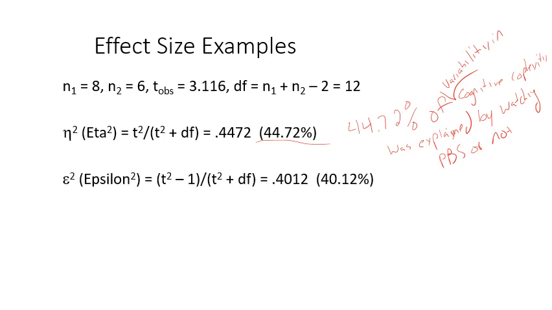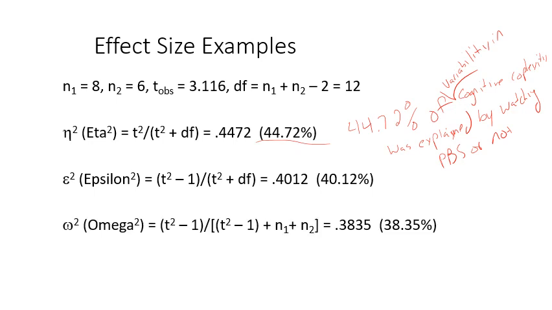Then we get epsilon squared, which is basically saying 40.12% of the variability, and then omega squared is saying 38.35% of the variability in cognitive complexity was explained by PBS watching or not. This is the most conservative one because it's basically saying the least amount of the variability was explained.